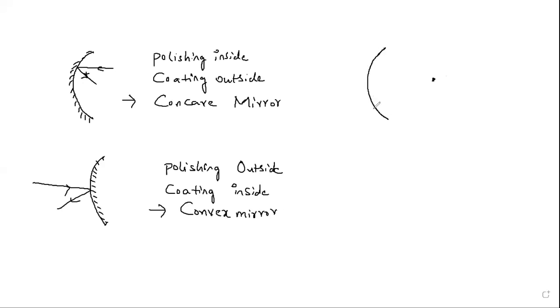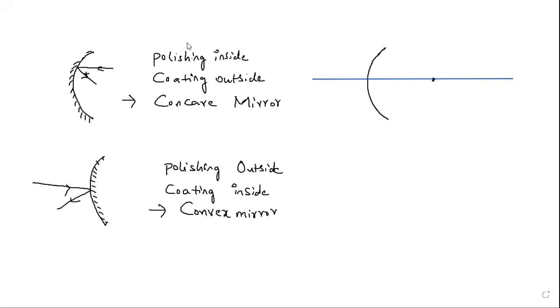Do you agree with this point? This is a part of the sphere, and this is the center of this sphere. So now I'm taking one straight line here, a blue line, a very straight line.